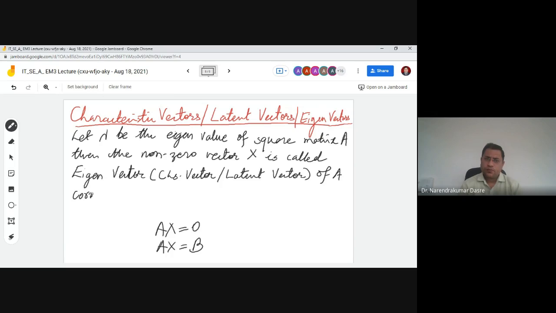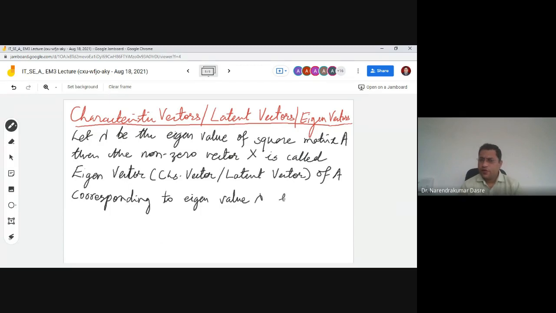corresponding to the eigenvalue lambda if this x is a solution of Ax equal to lambda x.